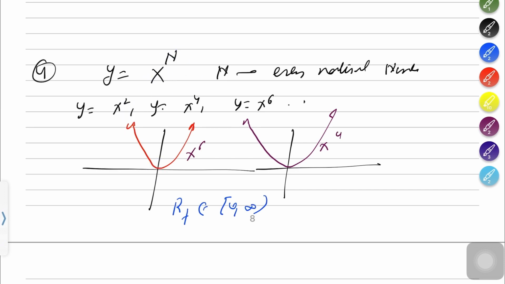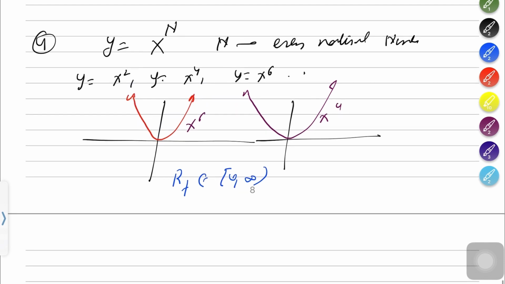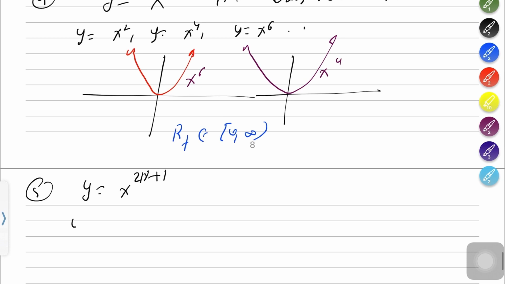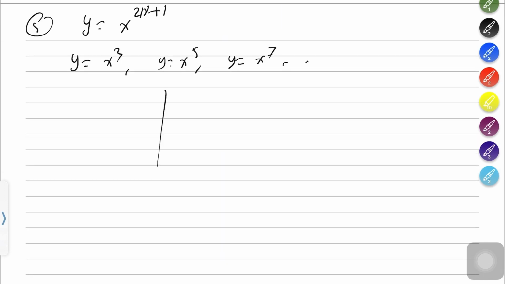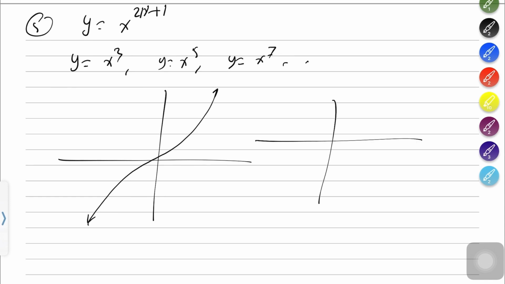The minimum value is always 0 and the maximum value is infinity. In the case of x square, x to the power 4, or x power 6, the nature is exactly the same. Similarly, if I talk about y equals x to the power of an odd natural number, that means y equals x cube, or y equals x power 5, or x power 7, the graph will have this nature, like this.